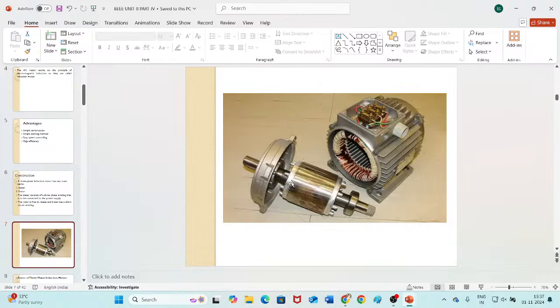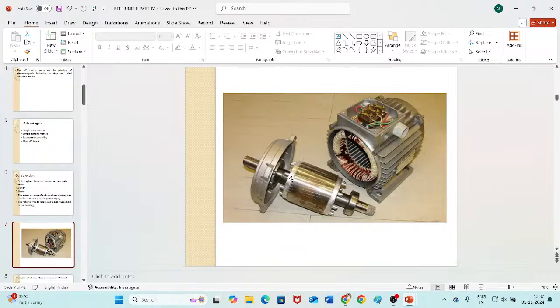Here you can see this is our three-phase induction motor. The construction of a three-phase induction motor has a stator and a rotor. Stator is the static part of your three-phase induction motor. Rotor is the rotating part.